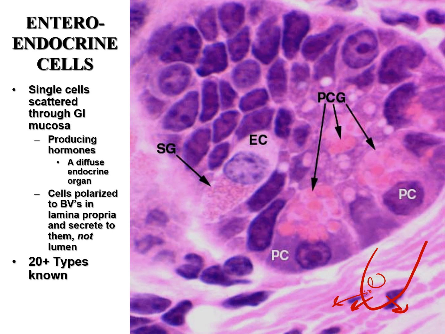There are more than 20 types of these endocrine cells, and each one of these enteroendocrine cells is responsible for production of a hormone that is responsible for activation or inhibition of the digestion process.